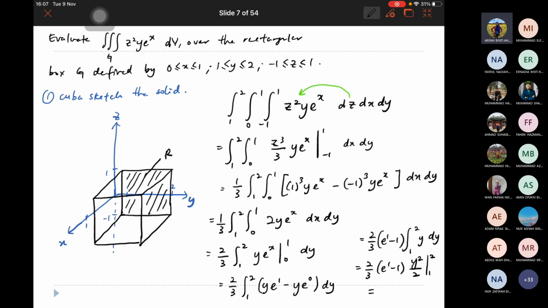So dapat tak jawapan akhir dia sama dengan 1.7183. So y exponential 1 tolak 1. Okay. Y kuasa 2/2. Gantikan dengan 2 dan juga 1. Dapat tak?